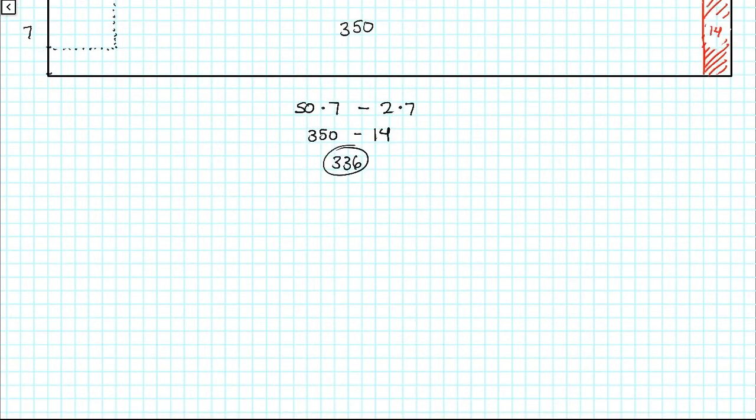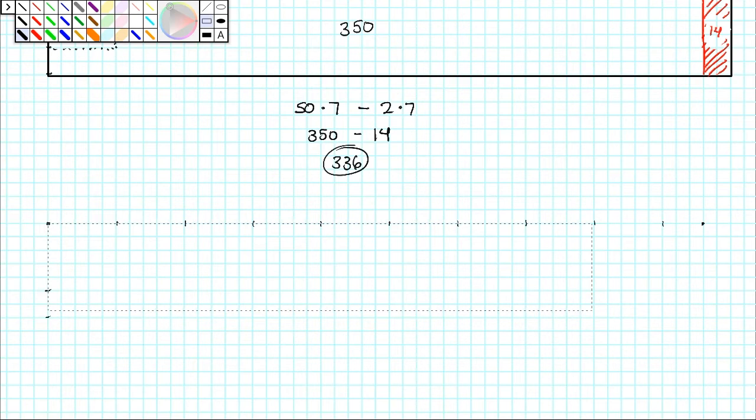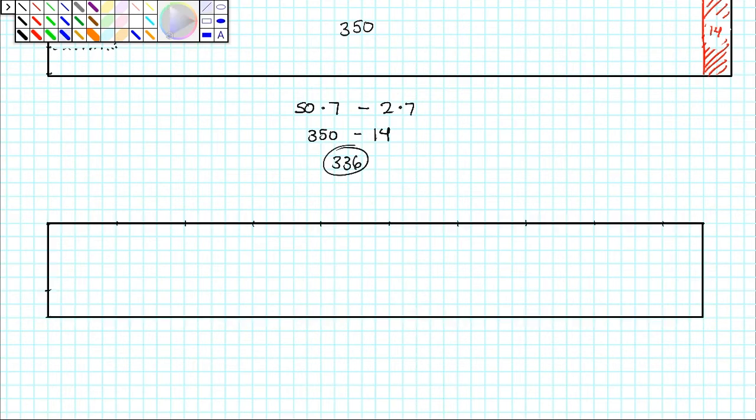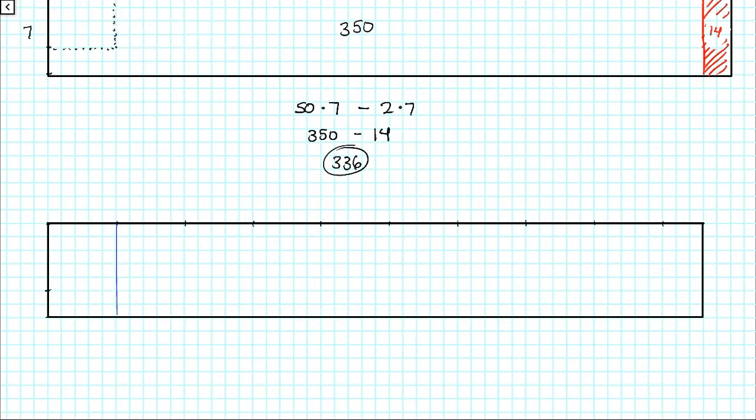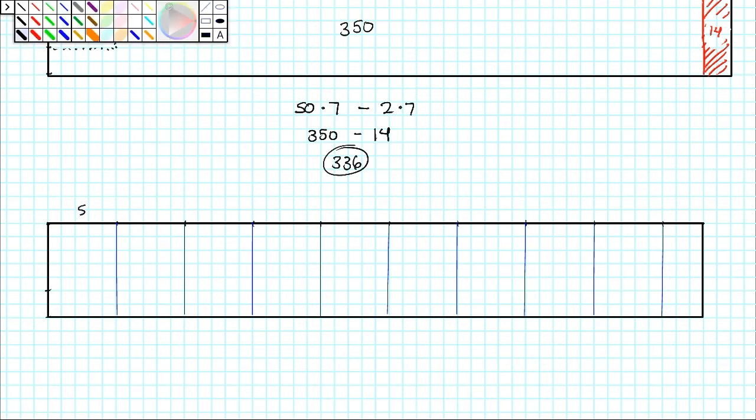So I'm going to do this one more time. Starting here, I'm going to group by 5s. I'm going to see these groups of 5 that I'm going to divide up, and at this point I'm going to do one more division here. So here I'm noticing these nice 25s.